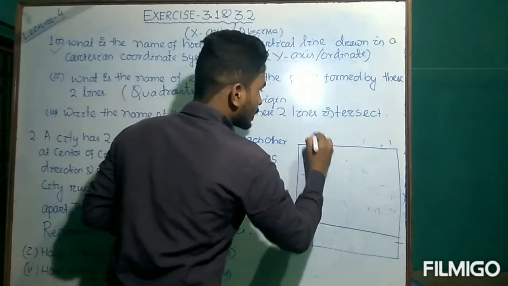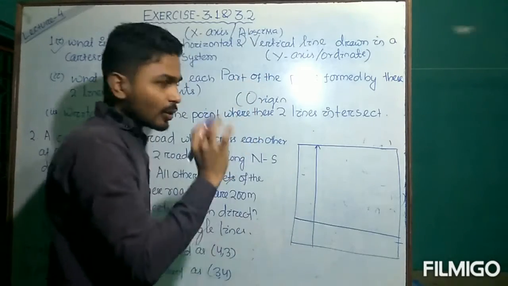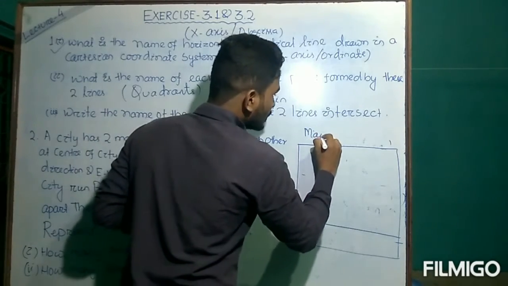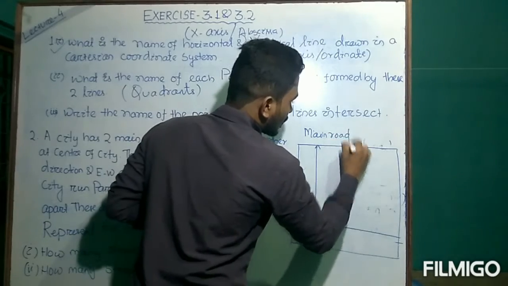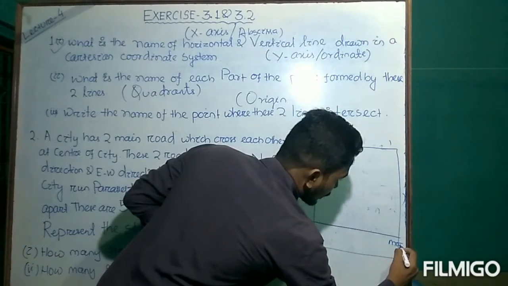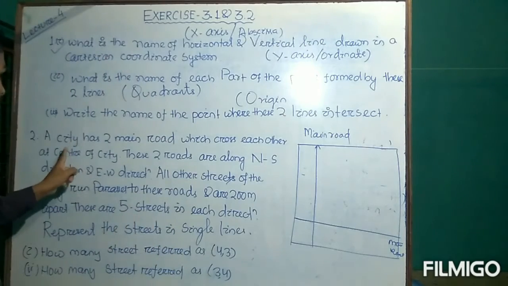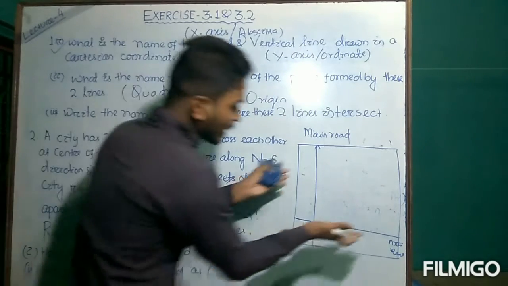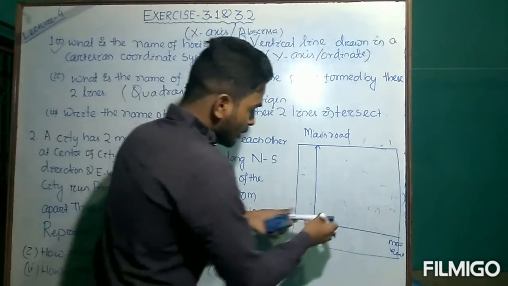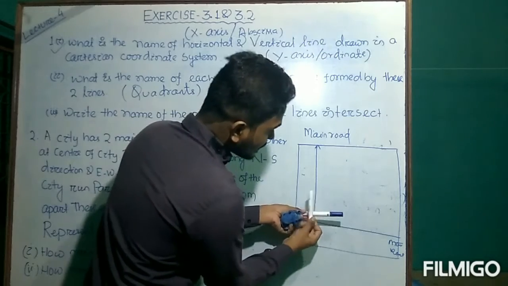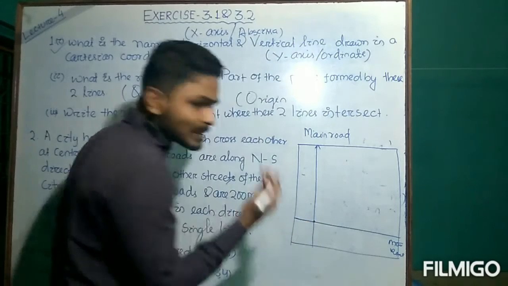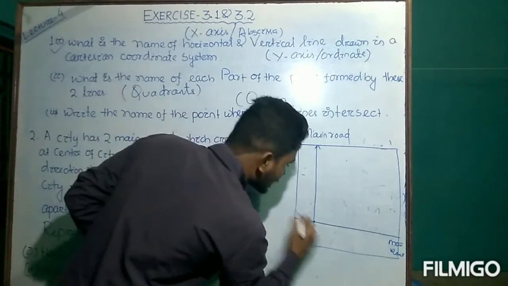These are the main roads. So they cross each other at the center. That means this is the first main road and this is the second main road. They cross each other at a point, and that point is the center. Here you can say the origin.